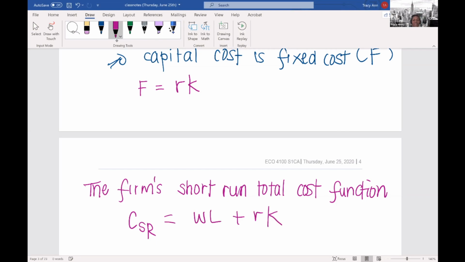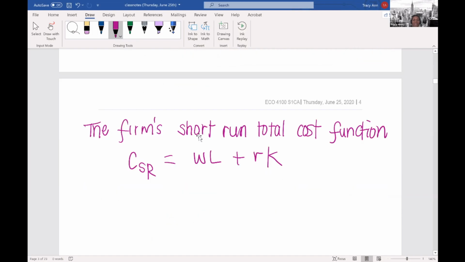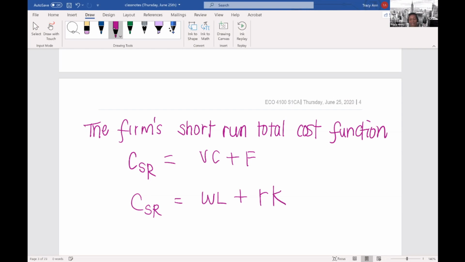That is the same as saying C is equal to variable cost plus fixed cost. Maybe that's what I want to say first. So C is equal to variable cost plus our fixed cost, and that's the same as saying our short run function, C is equal to WL plus RK.